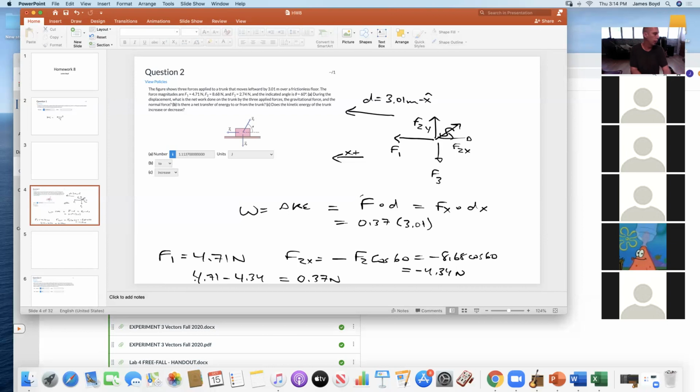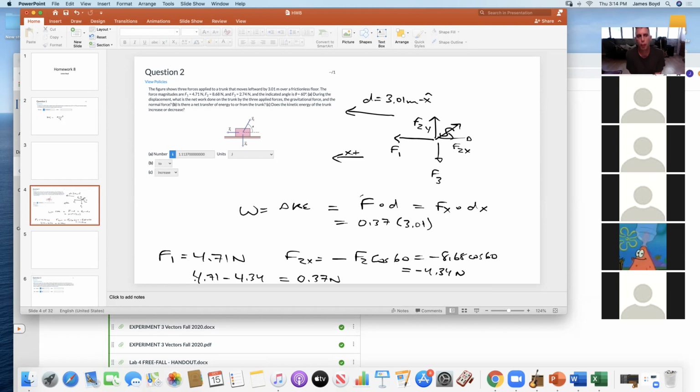I don't know where my calculator is right now, so I'll try it on my phone. 0.37 times 3.01 is 1.1137, which is exactly what they got.